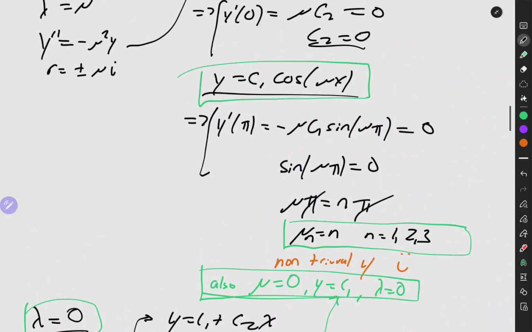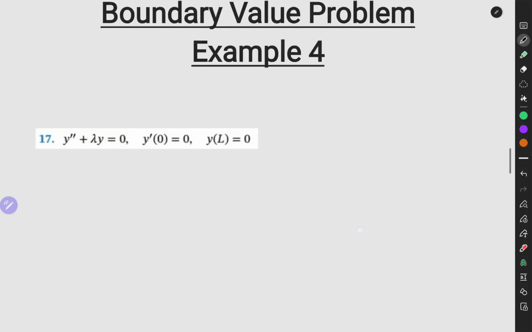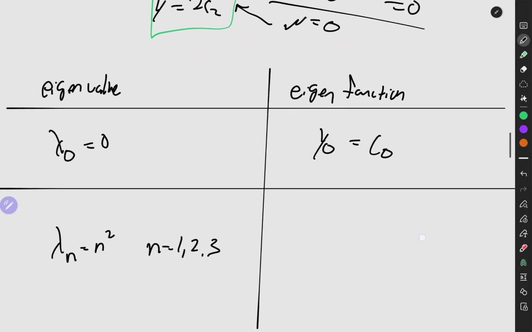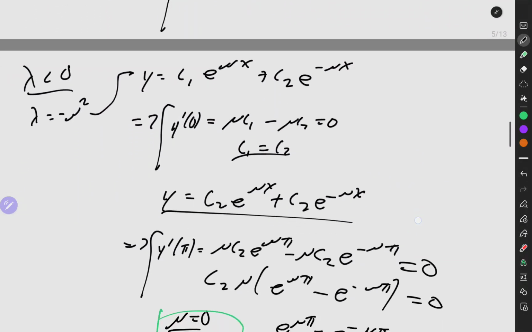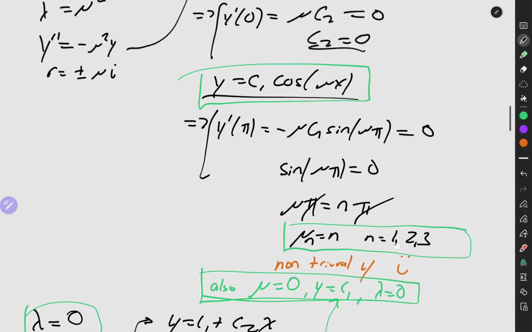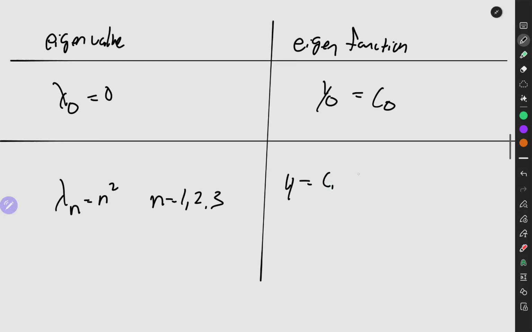This is number 16. Yes, this is correct. Okay. So now the eigenfunction, I think it was cosine. C1 cosine mu x, so C sub n cosine n x for every n equal to 1, 2, 3. Okay.